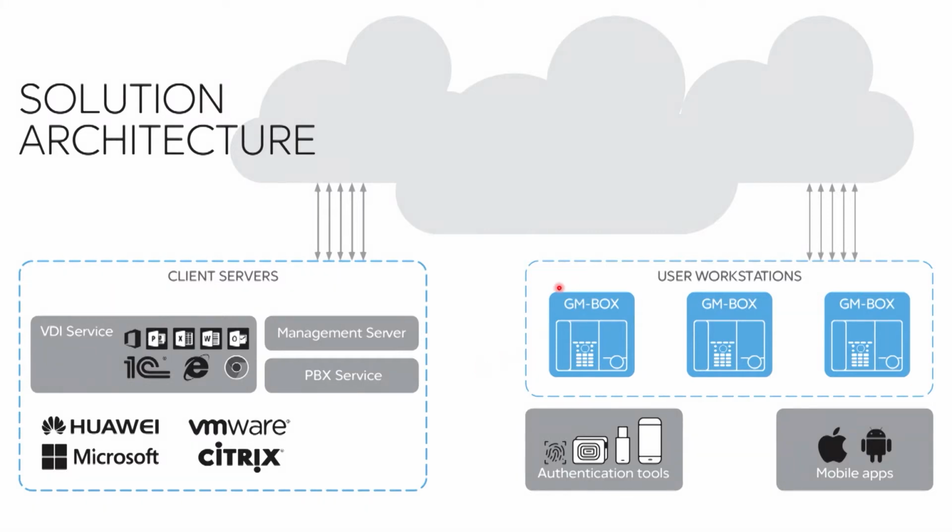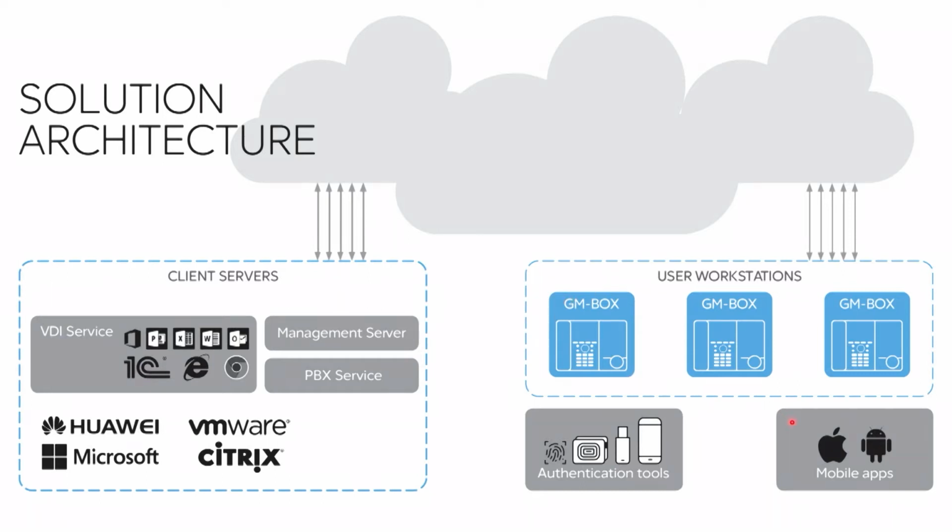We have the user workstation and we have the management server. The management server is a part of the GM Smart solution. It allows you to combine all other services that you have in the company and provide these services through a unified profile to the user workstation, like the GMBox.